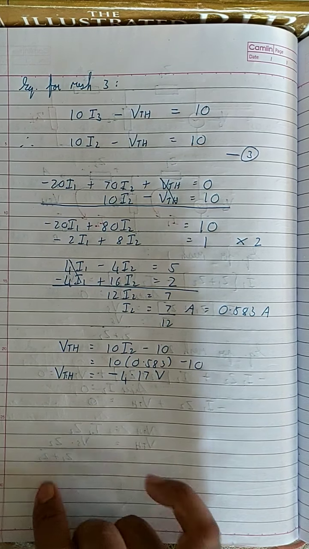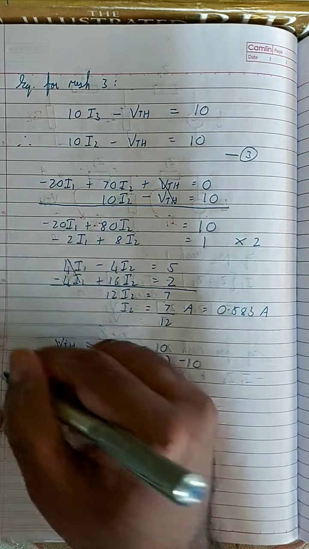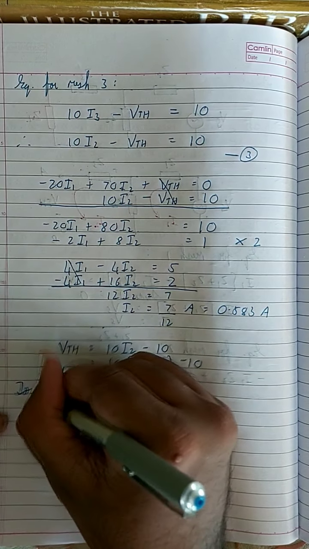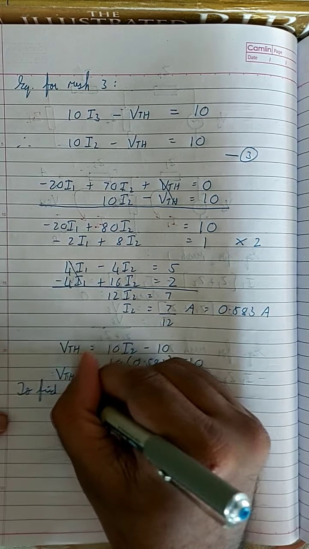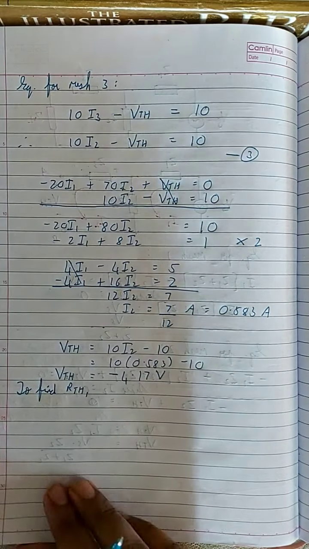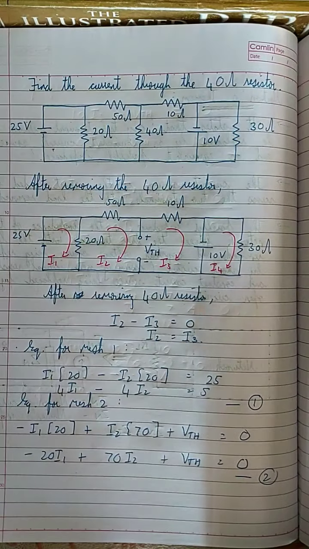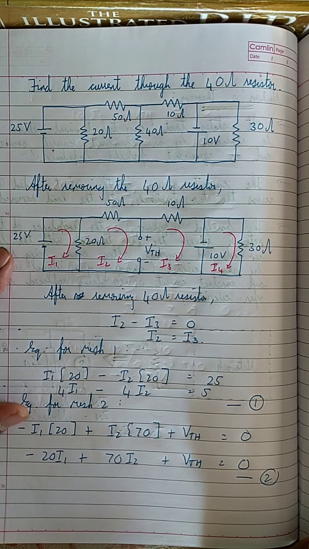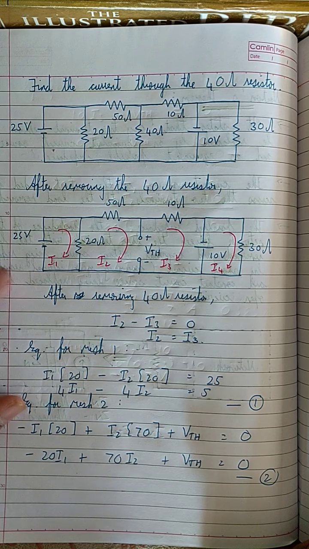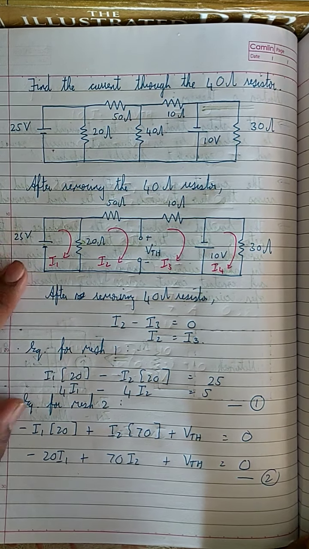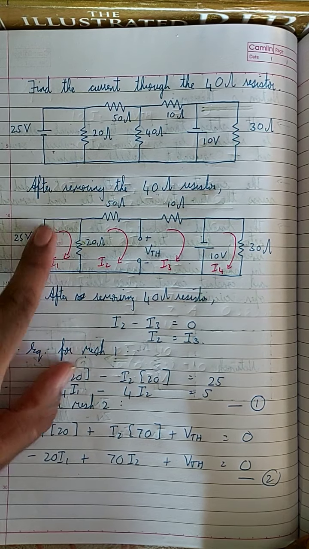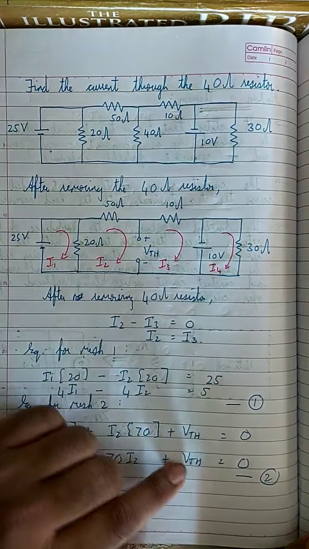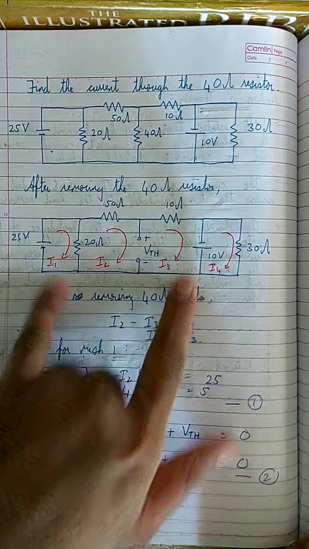Now I'm going to find the Thevenin's resistor, RTH. So to find RTH, I'm going to change the circuit, right? Which means if I see any voltage source over here, I should short it, and if I see any current source over here, I should open it. And here you have two voltage sources. One is this 25 volt, the other is this 10 volt, which means I need to short these two, right?